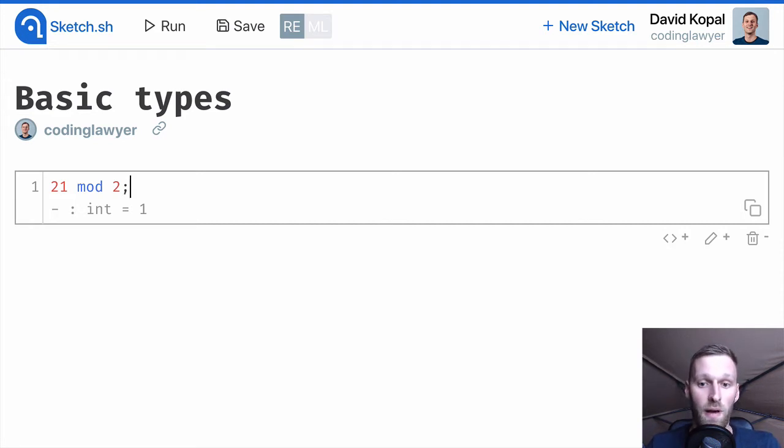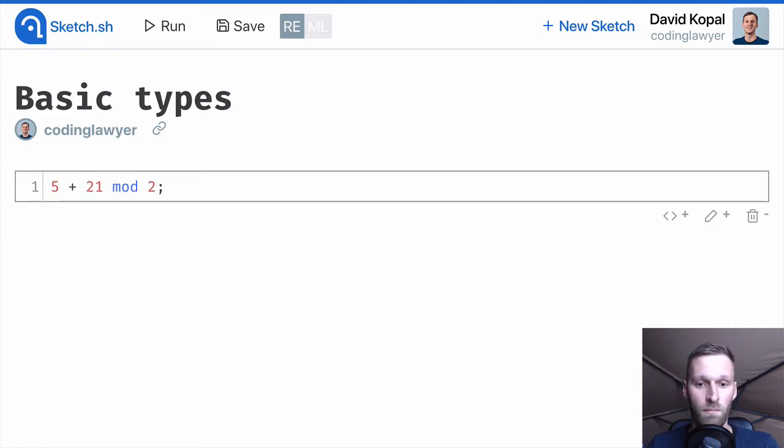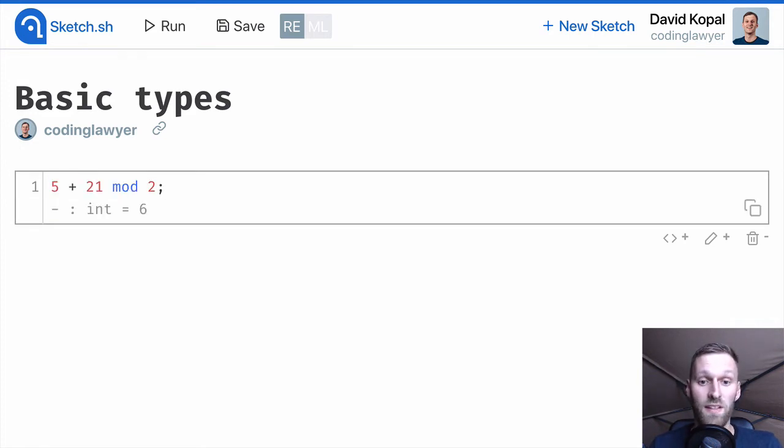Let's now try to combine modulo with other operators. Now we got 6, and this is because the modulo operator has a higher priority than other arithmetic operators. So you first compute 21 modulo 2, you get 1 back, and then you add 5, so the result is 6.